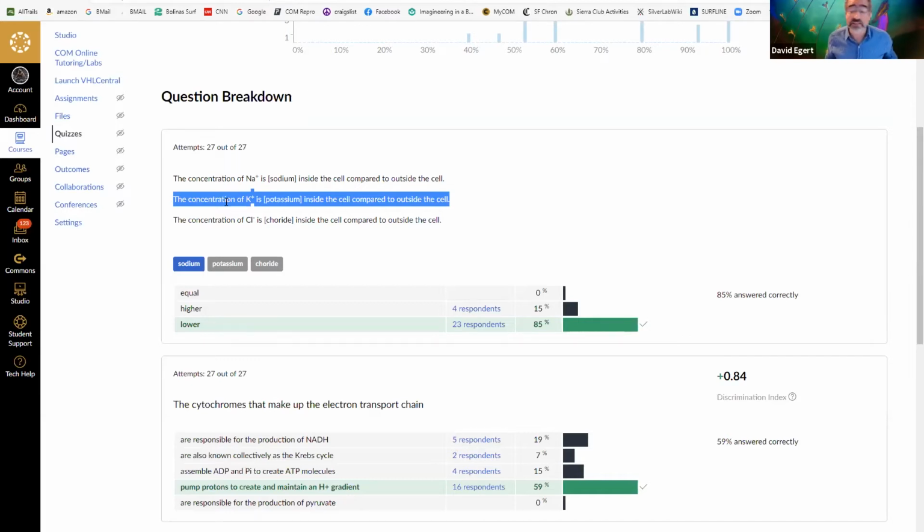Since the potassium is leaving due to its diffusion gradient, you end up having a resting potential that is negative. A typical resting potential is about -70 millivolts. If it was pure potassium permeability, we'd be all the way down to about -90 millivolts.